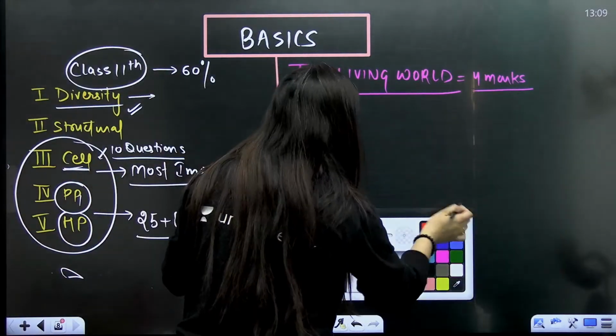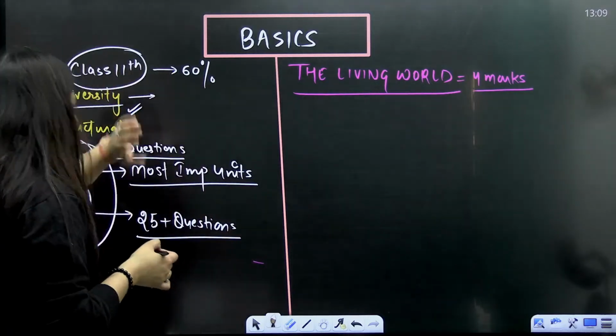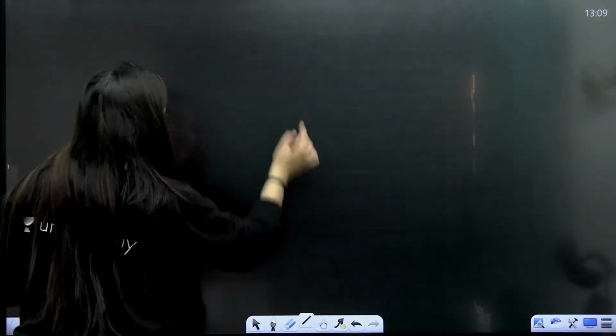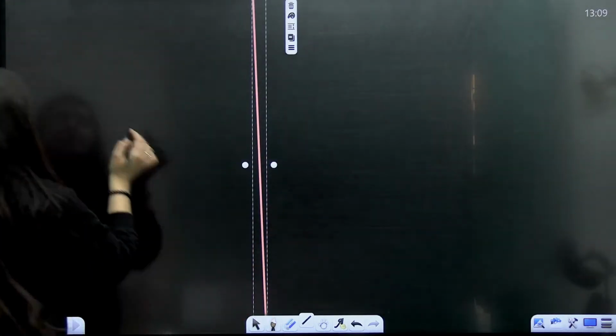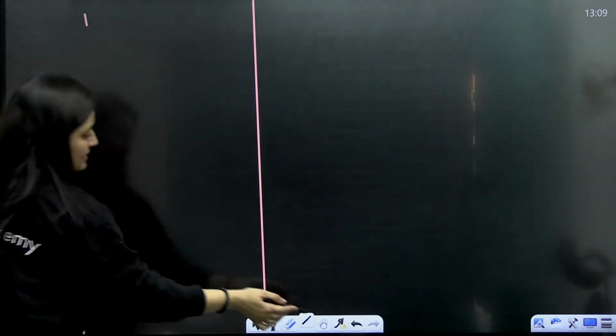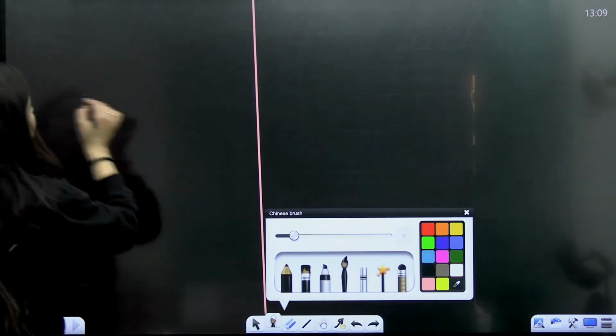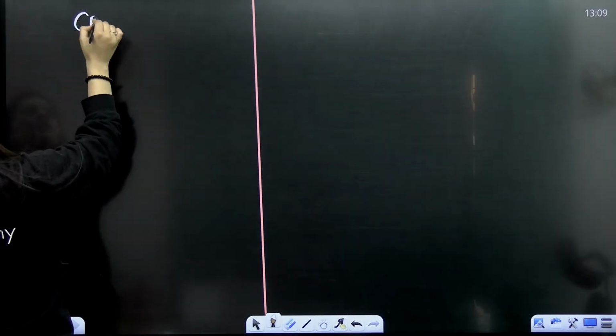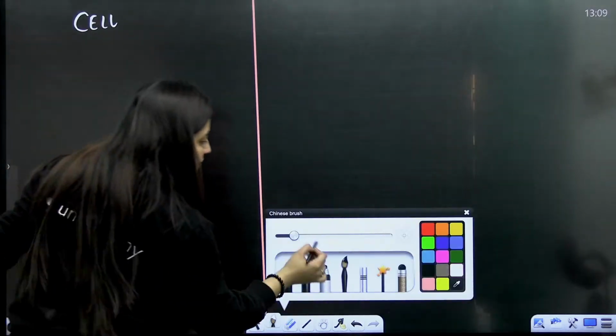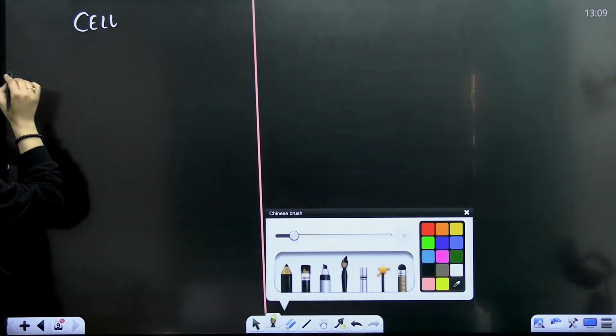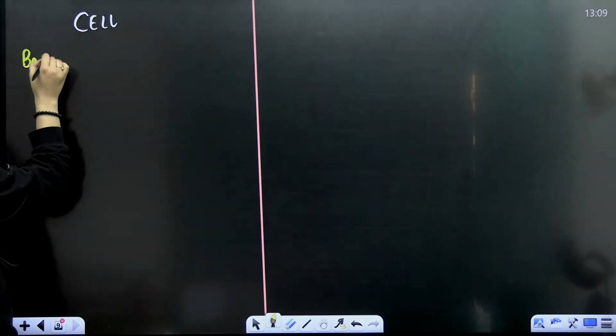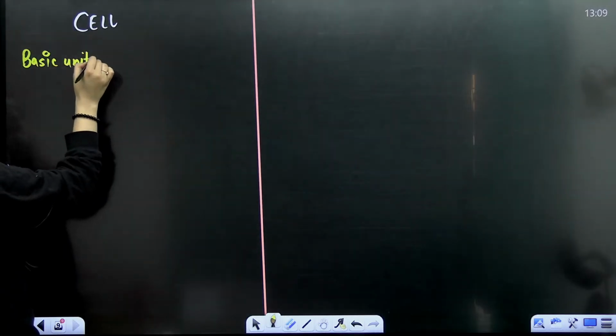Now when it comes to the basics, whenever you talk about biology, the very first thing we need to understand is the cell. So when we say cell, what's that? It is the basic unit of life.